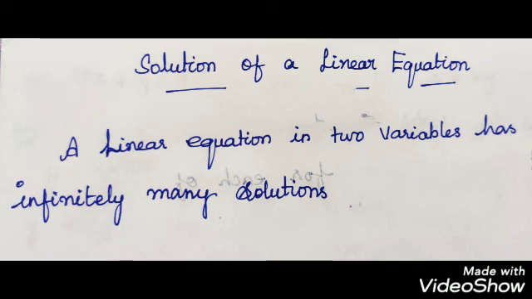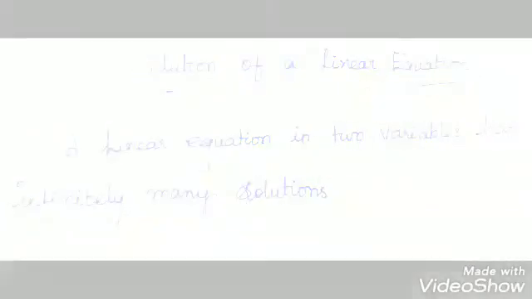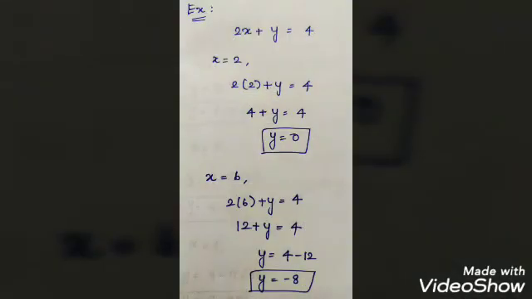A linear equation in two variables has infinitely many solutions. Normally, a linear equation in one variable has one solution, but a linear equation in two variables has infinitely many solutions. See this example: 2x plus y equal to 4. This is a linear equation having two variables.